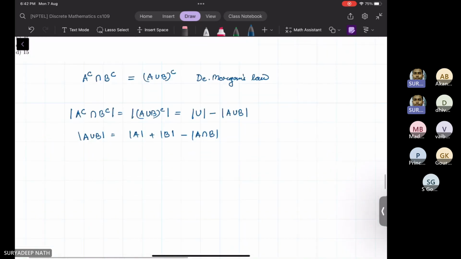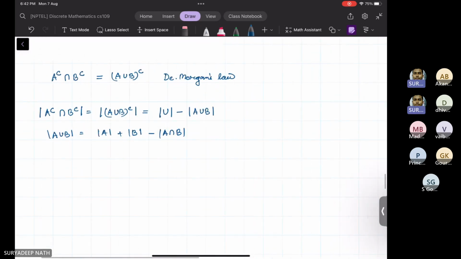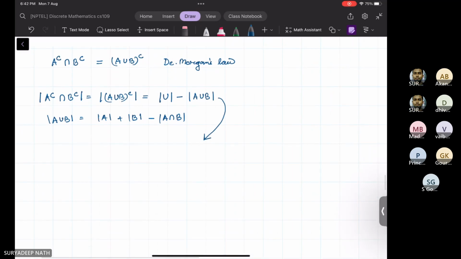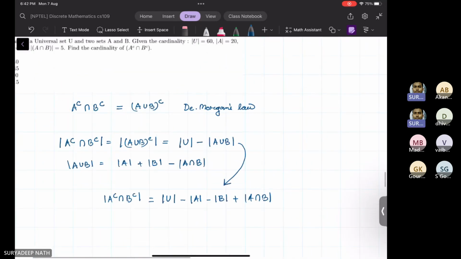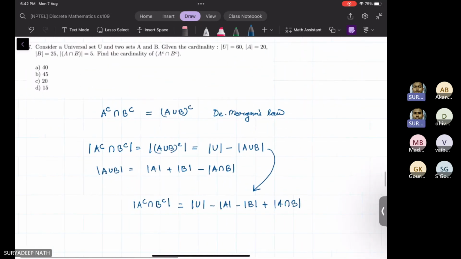So from here we get the cardinality of A complement intersection B complement, which is given by cardinality of U minus cardinality of A minus cardinality of B plus cardinality of A intersection B. So these values are, I think, given.